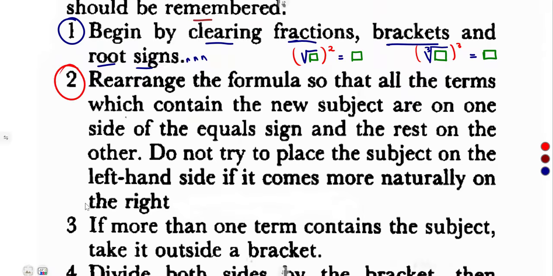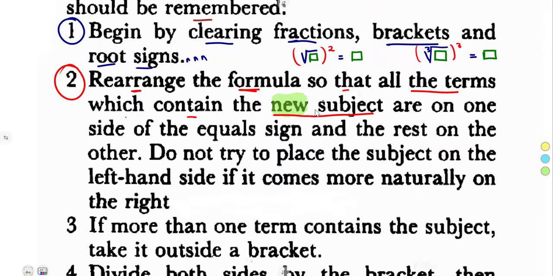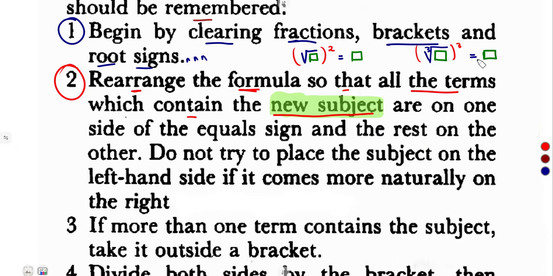Number 2, you must rearrange the formula so that all the terms which contain the new subject. The new subject is the letter that you're given to make the subject of the formula. Make the letter in the bracket the subject of the formula.